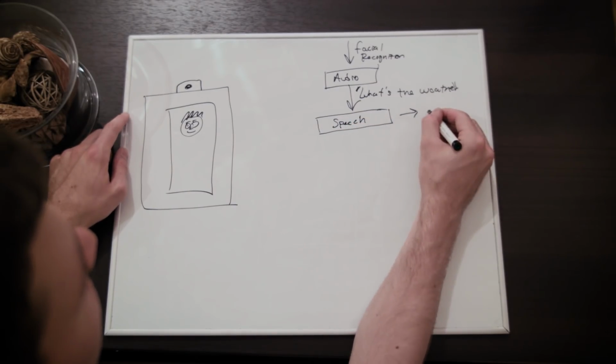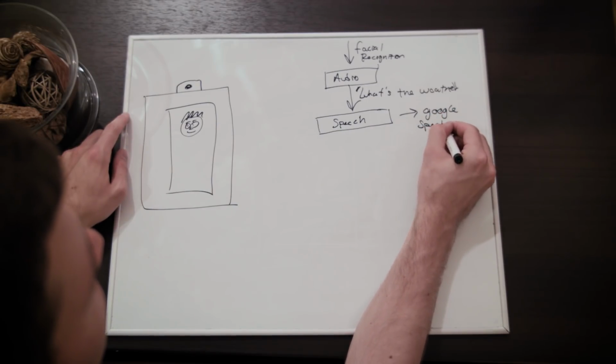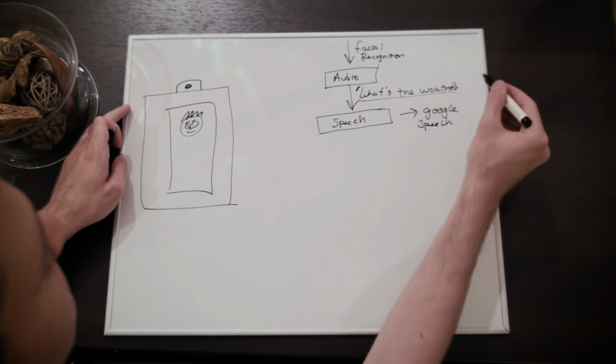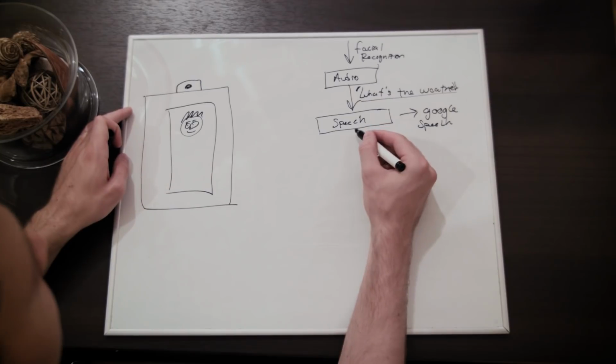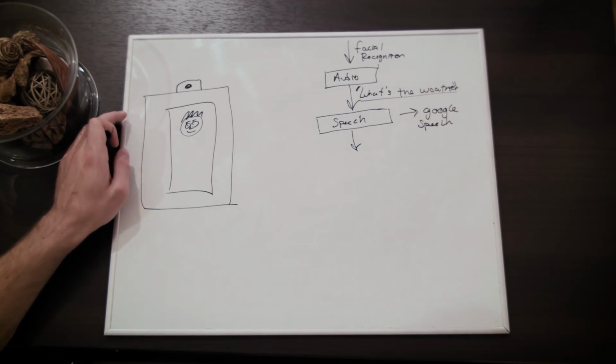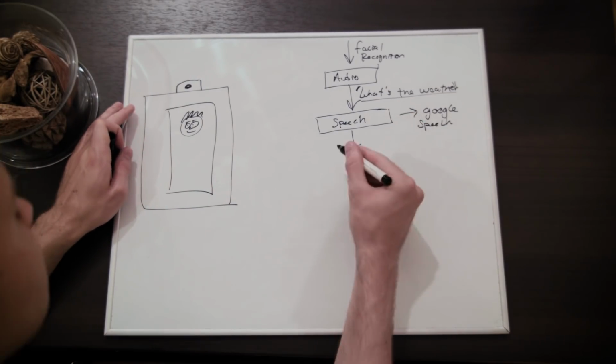And this is using Google Speech. And Google's really good about translating audio to text. So it's very accurate, and usually for most accents, it's able to correctly translate that audio to text.